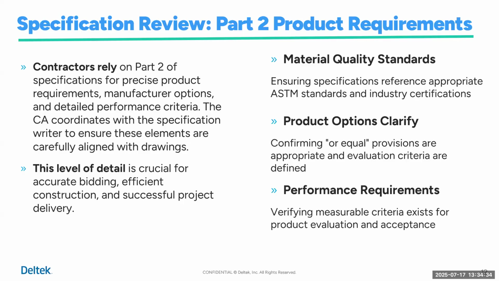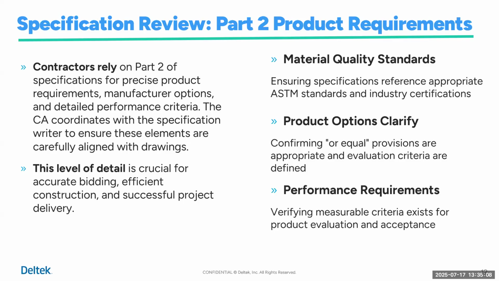So with the product material selection verified, everything fully described, there's clarity, the required standards are there, the certifications are there, the performance criteria is there, whether it relates to fire rating, energy efficiency, whatever the case, as long as everything is clarified and indicated in the specification.